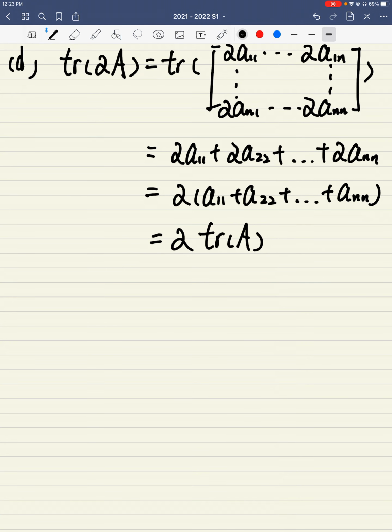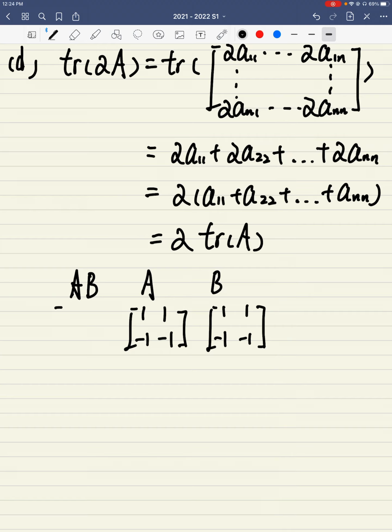Then, is trace AB equal to trace A times trace B? Let's say A and B are the same matrix, 1, 1, negative 1, negative 1. You already know A times B is 0, 0, so trace AB is 0 plus 0. This is not a proper example, sorry.